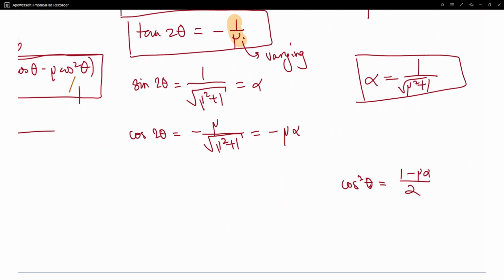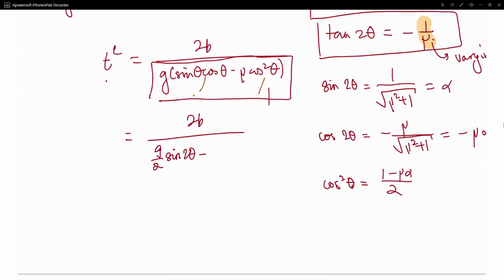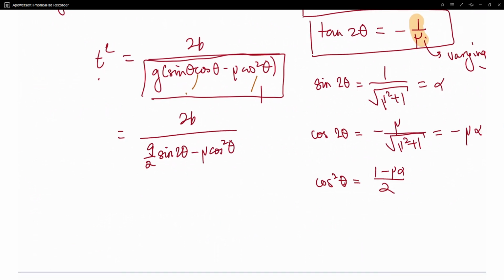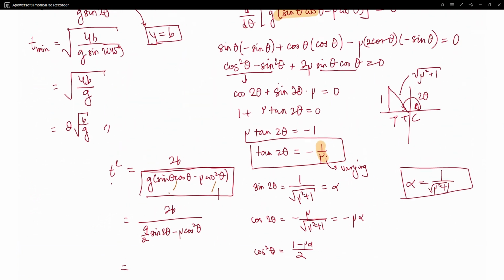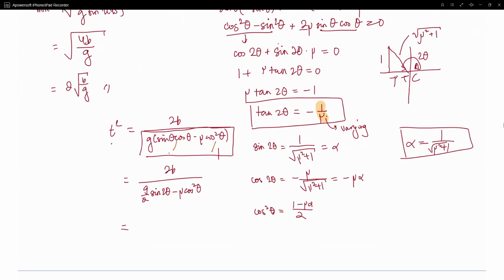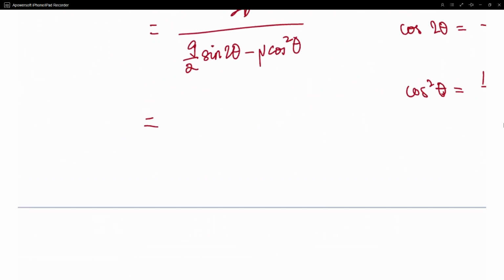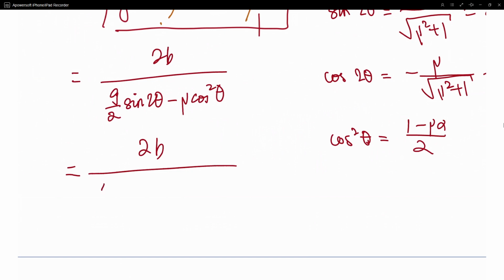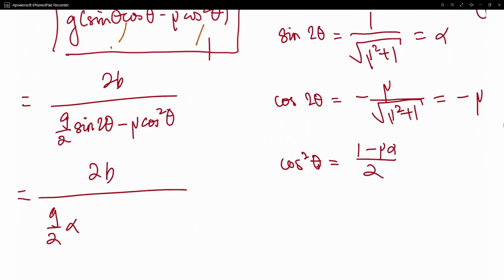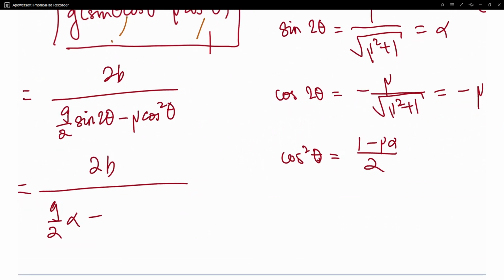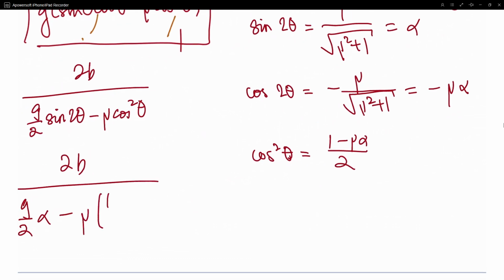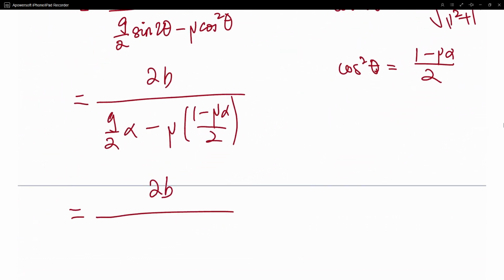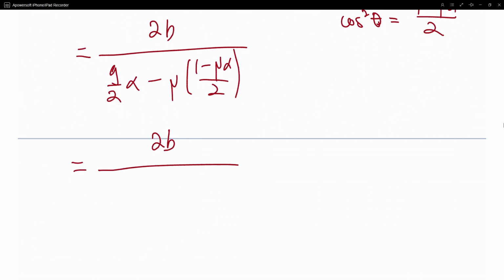Right, so let's move this here. What we can do right now is simplify. Looks like we're at the end of the page. Let's add one more. Again, sine 2 theta is alpha, negative mu cosine squared theta, which is this. Let's multiply everything by 2.